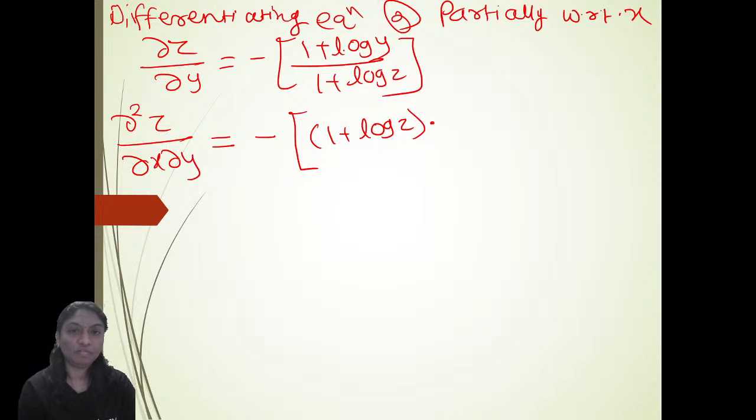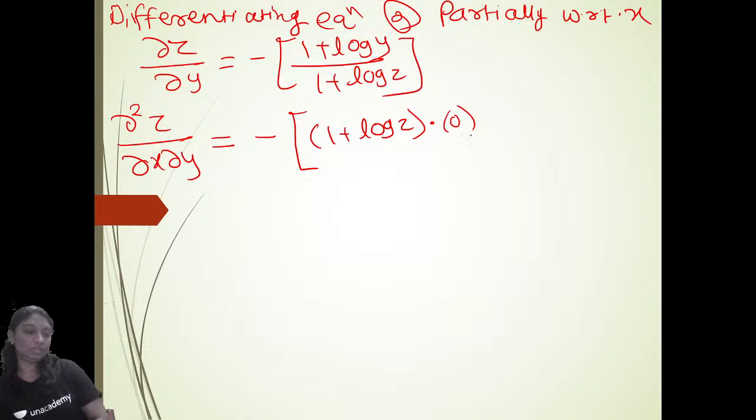So here you will get v into derivative of u. The derivative of 1 plus log y with respect to x, y is constant, so that will be 0, right? 1 plus log z into 0.